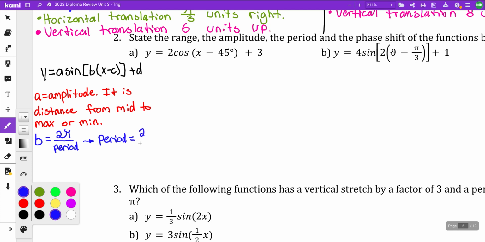The period is 2 pi divided by B. It's still a horizontal stretch, right? But in terms of sine, the B value, because it's stretching horizontally, is affecting how long your cycle takes.